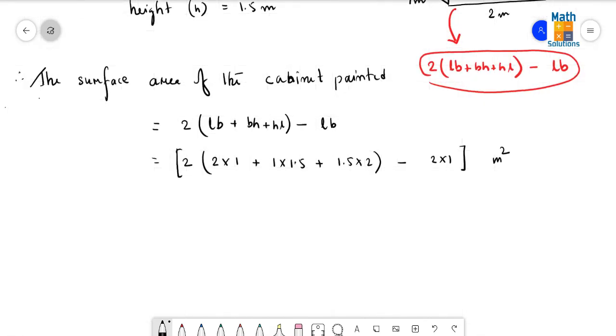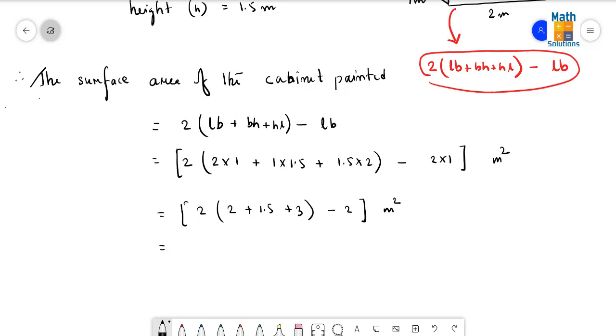So after calculation, what we shall get is 2 within bracket 2 plus 1.5 plus 3 minus 2 meters square.